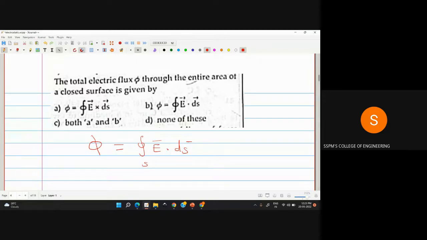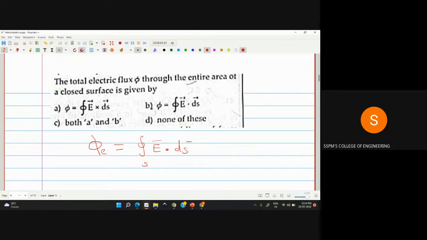The dot product is very important. As far as the line of flux is concerned, these are the electric flux, not magnetic flux. The electric flux is represented with the help of a straight line. And if any parameter is represented by a straight line, then you require a dot product, not a cross product.